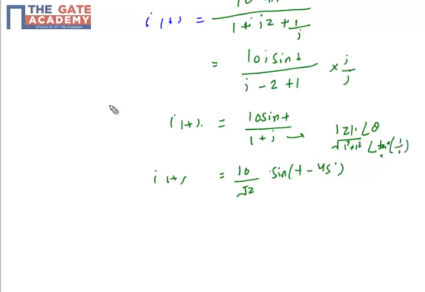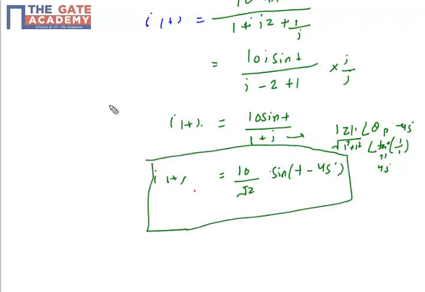This angle goes to the numerator and it will be minus 45 degrees, so it's going to be a subtraction. So we get 10 by root 2 times sin of t minus 45, and 10 by root 2 is nothing but 7.07. So my i(t) is 7.07 sin of t minus 45.